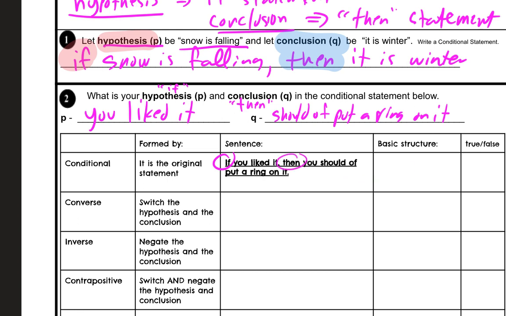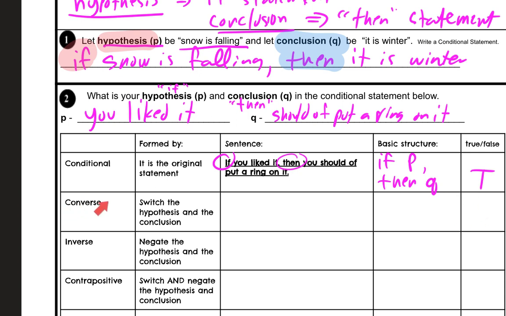And that's how we do it. So here's the basic structure that we're going to talk about: if P, then Q. If the hypothesis, then the Q. Okay, so is this true or false? If you liked it, then you should have put a ring on it. That is true.